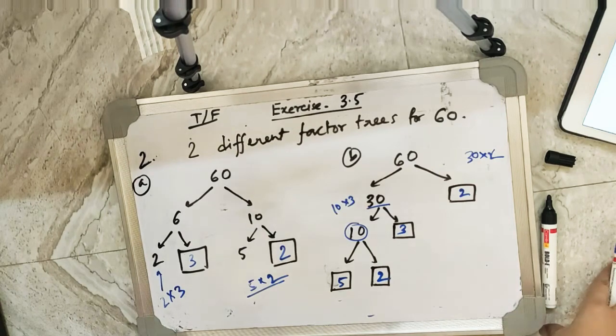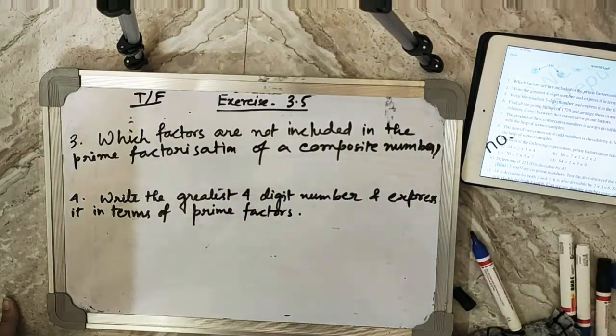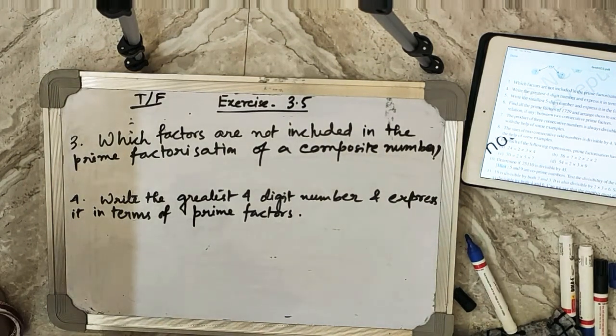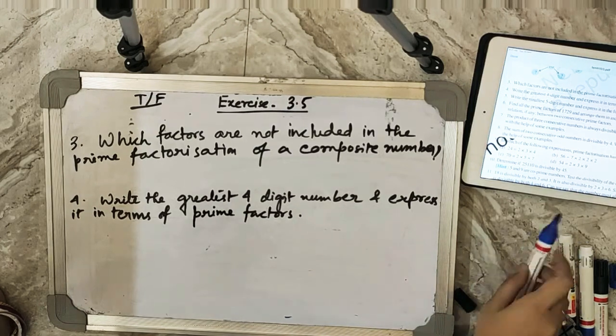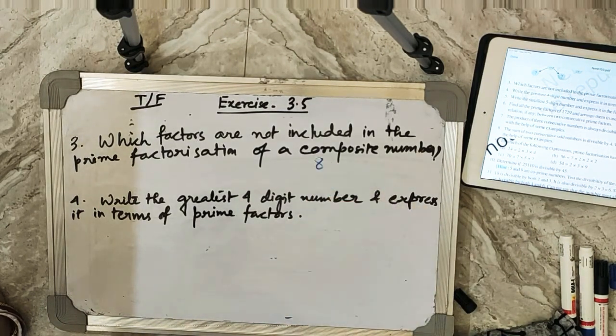In question number 3 it is given, which factors are not included in the prime factorization of a composite number. Suppose 8 is a composite number.